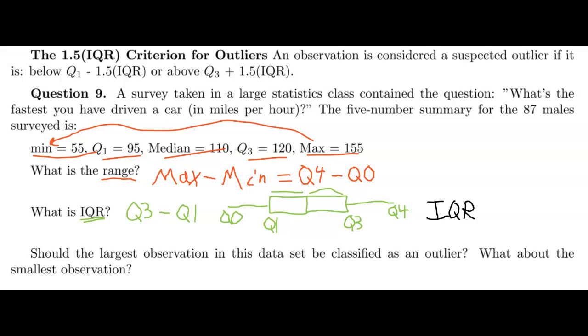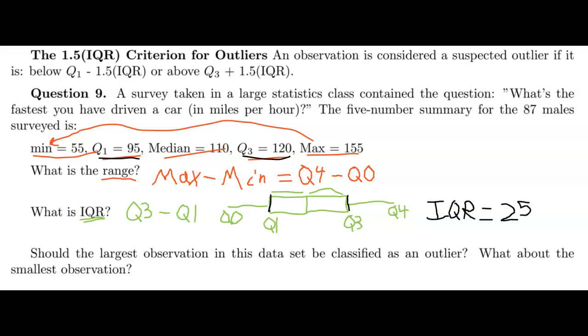Just find Q1 and Q3, those boundaries, look on the graph to see what their values are, and find the difference. That's the interquartile range. So for this problem, it's 120 minus 95. Get your calculator if you're not great at triple and double digit subtraction. It gives you a 25.